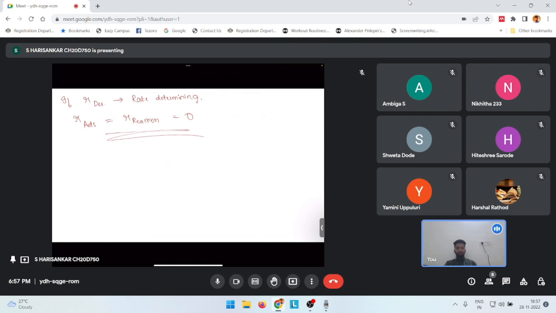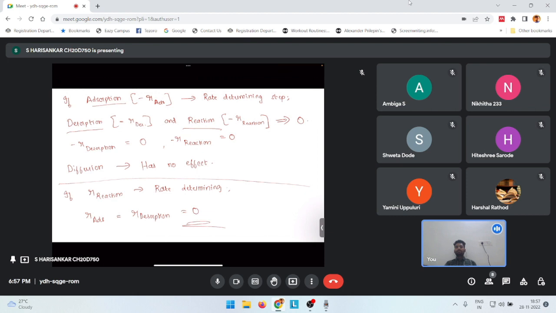So this is the general thing when internal and external diffusion have no effect on your catalytic process, but any one of adsorption, reaction or desorption can be the rate determining step. At a time only one of these can be rate determining.